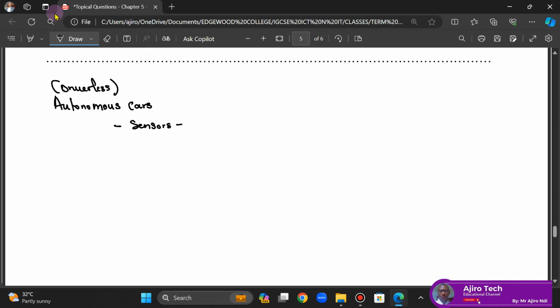Now, this sensor has what we call a radar and ultrasonic.